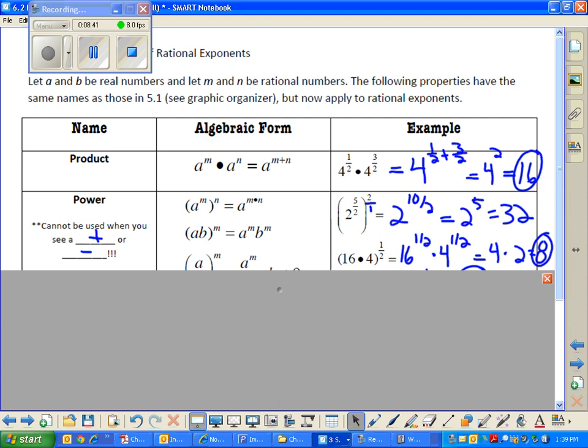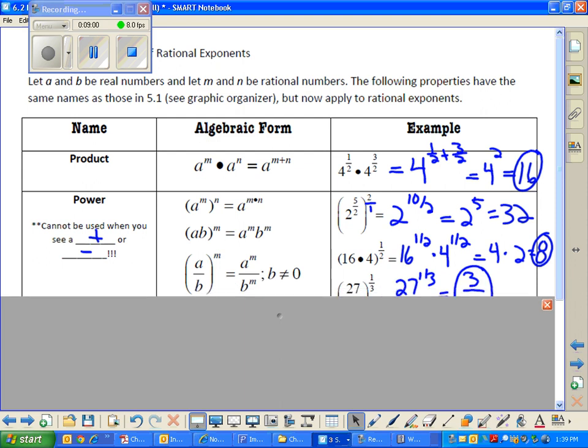That's the same thing as taking the square root of 16 times the square root of 4. Square root of 16 is 4. Square root of 4 is 2. And then 4 times 2 is 8. And that's just one way to do that problem. There's usually more than one way. Makes this section tricky to teach and fun at the same time. It's never the same thing twice.